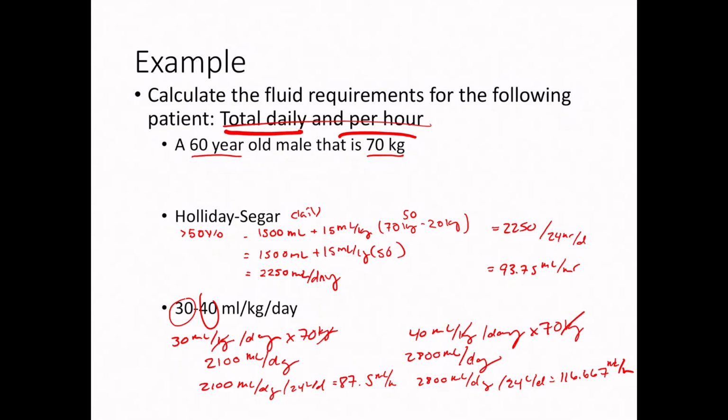So for that reason, it would be 75, 100, 125, or 150 would be some of the options that I typically will use. So whenever I calculate like this, what I'll do is pick a number in the middle of all these values. So that being said, most likely this patient would receive 100 milliliters per hour.